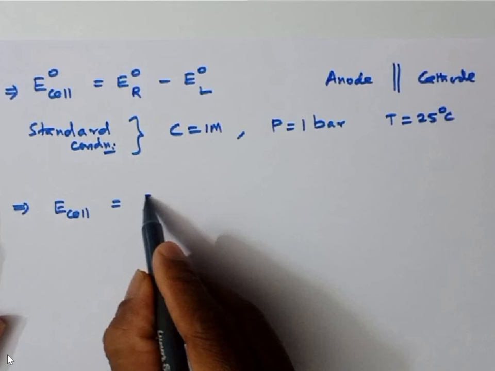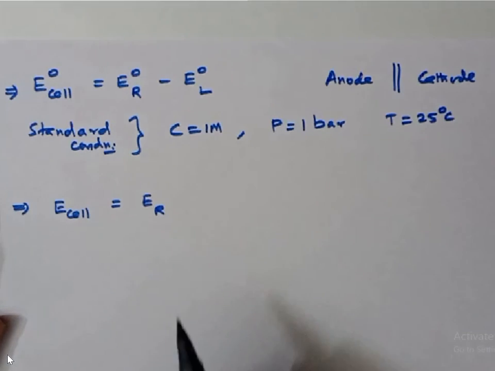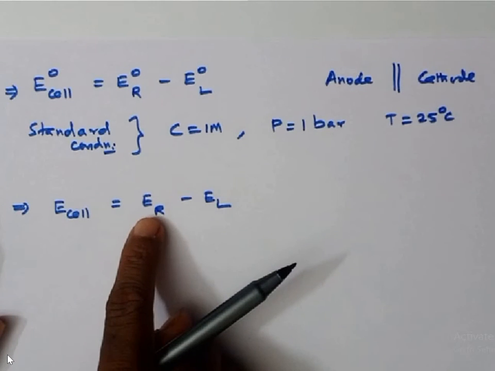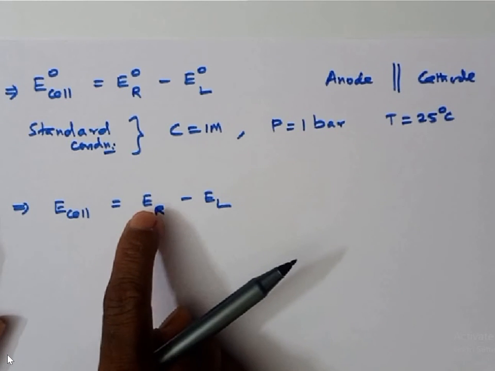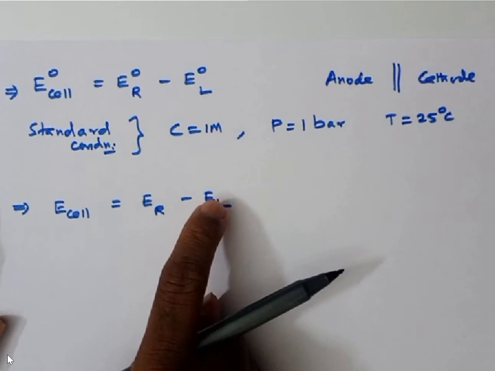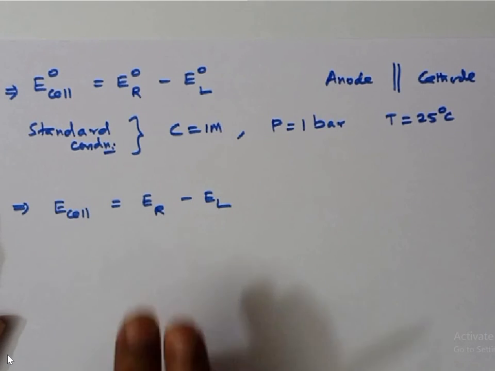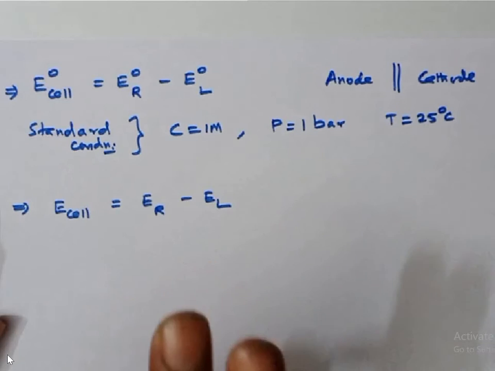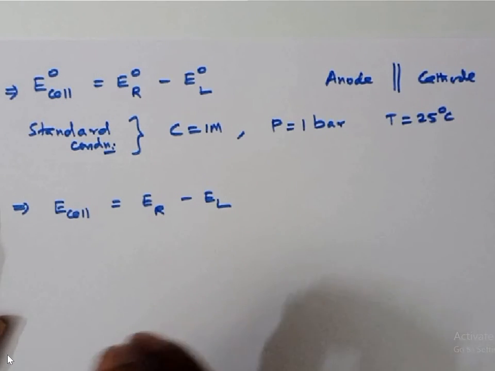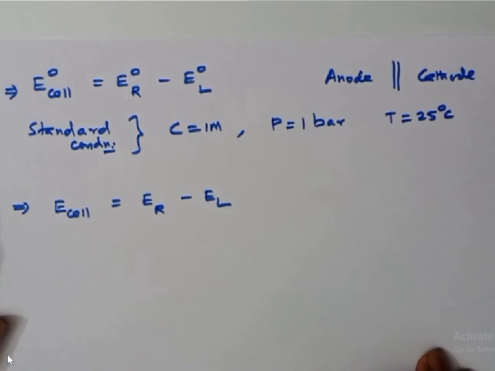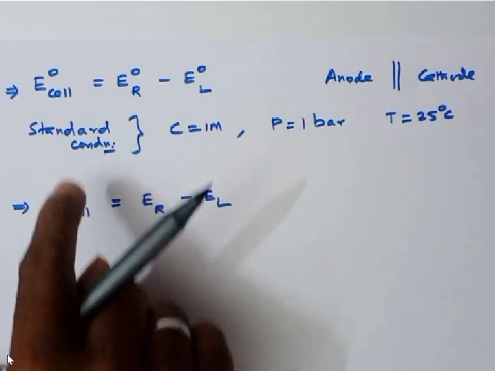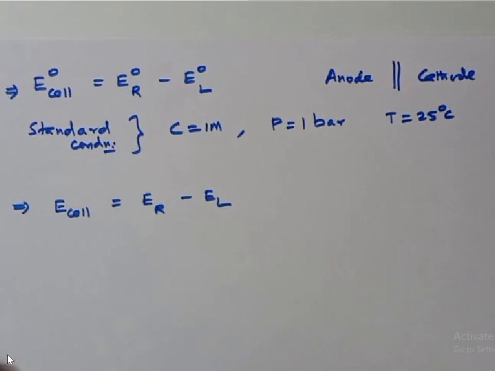Same definition: right hand side potential minus left hand side potential, that is, the reduction potential of the cathode minus the reduction potential of the anode. Both are reduction potentials only, keep that in mind. Generally we use reduction potentials, but not in standard condition, that's all. So this is the difference between the two.